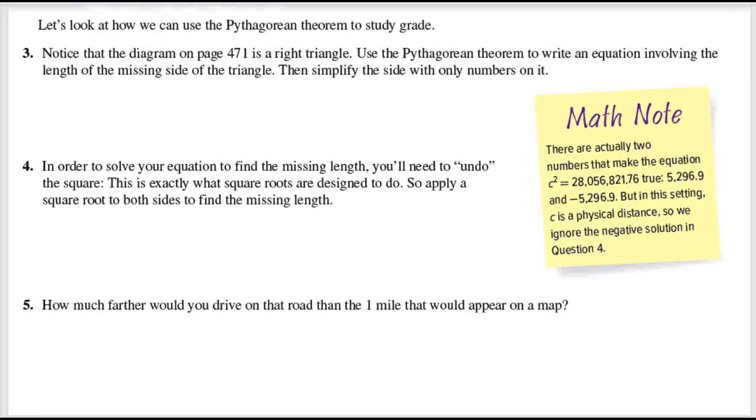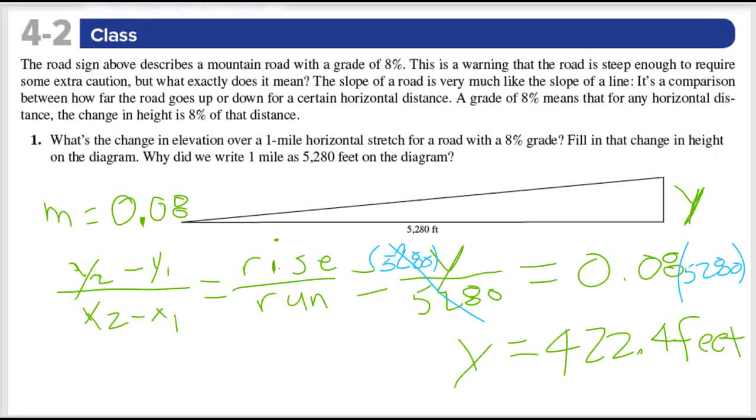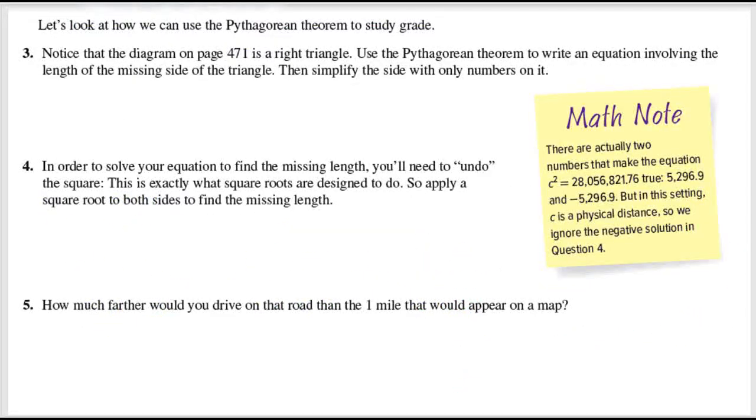I'm pretty sure that's the triangle there, the 8% grade. So use the Pythagorean theorem to write an equation involving the length of the missing side of the triangle. Then simplify the side with only numbers on it.